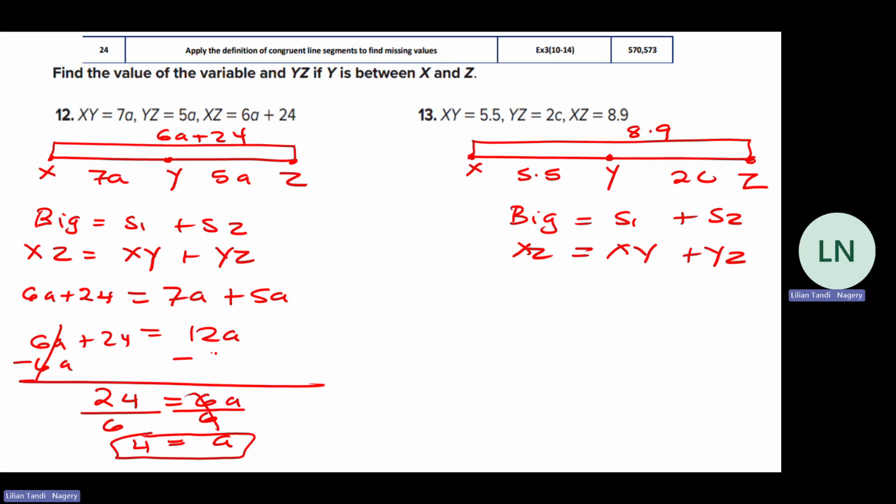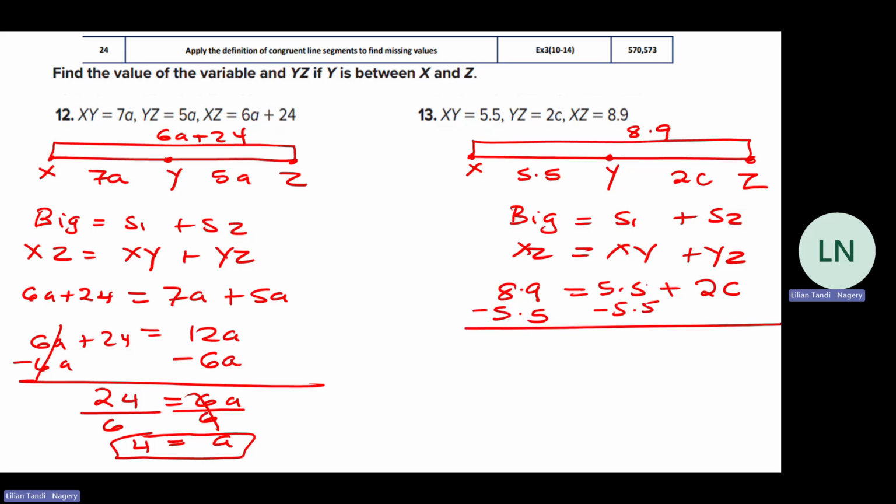Write neatly, write clearly. Okay, let's do this. This is 8 and 9/10 equals 5.5 plus 2c. Minus 5.5, minus 5.5. This goes away.